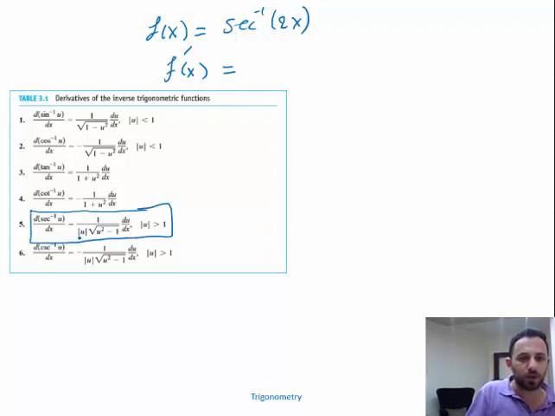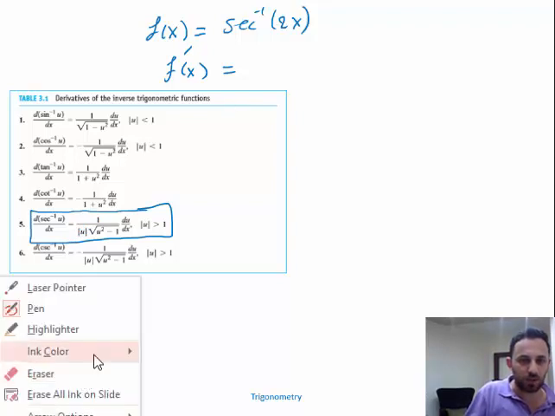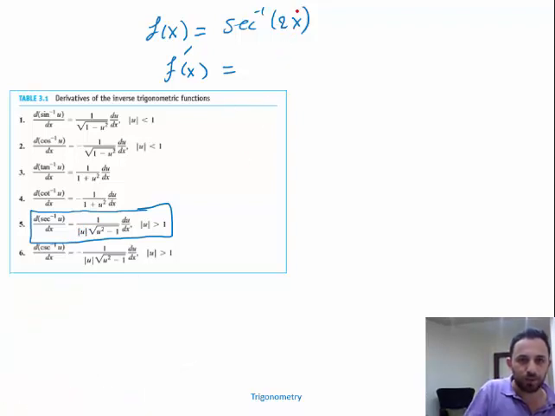It is 1 over absolute u, where u is 2x. So we just copy the formula and we replace u with 2x. And we need to obtain du by dx during the calculation. The derivative of 2x is 2.